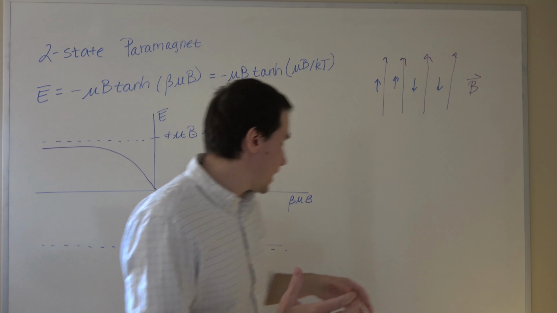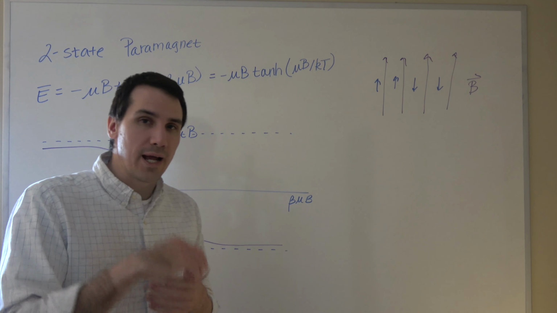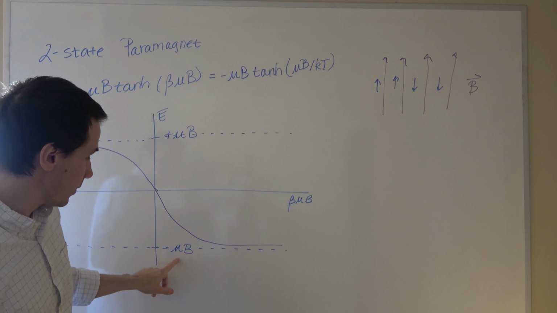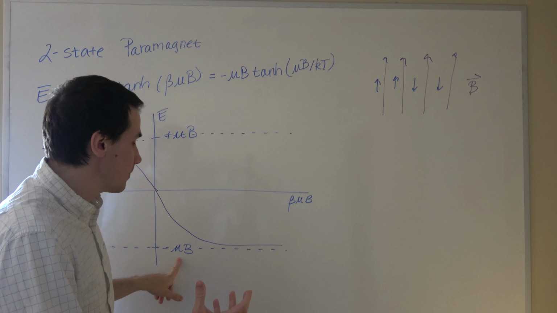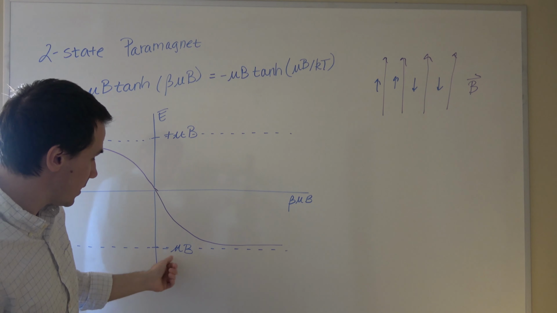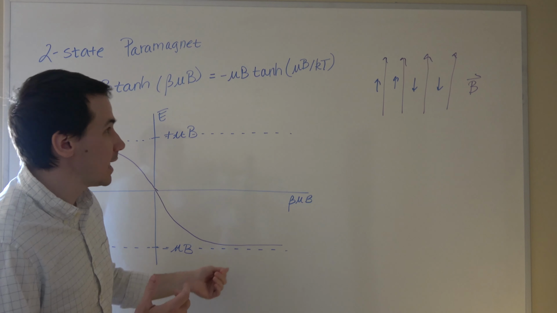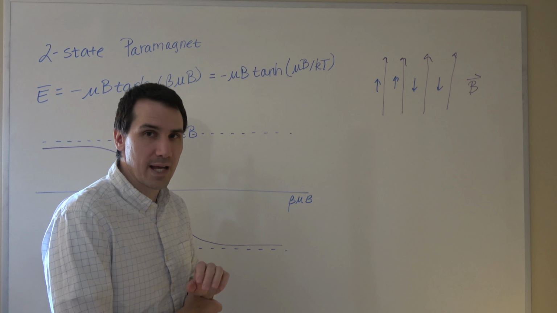And since the up state has an energy of negative mu times b, we would expect our average energy to get very close to all of the particles being in the up, low energy state. And we see that our tanh function actually approaches negative mu times b as we get to strong magnetic fields or high magnetic moments.